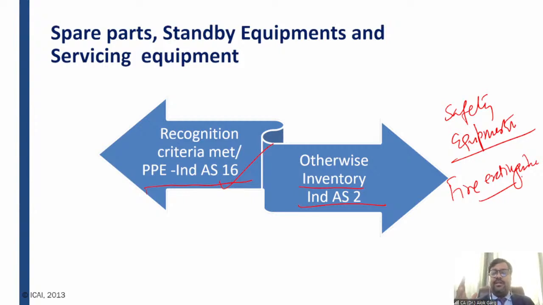sometimes the safety equipment are governed by law. For example, in every theater, you will see these fire extinguishers. In every office, you will see fire extinguishers. So that if some mishappening happens, there is some equipment to protect the life of the people, right?